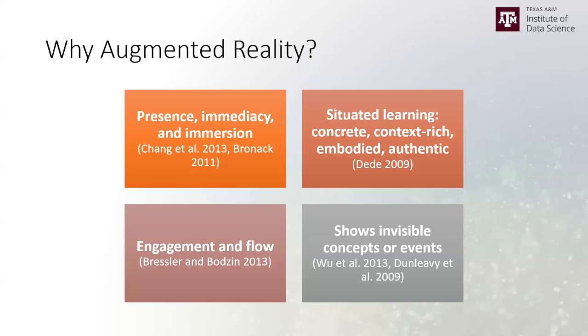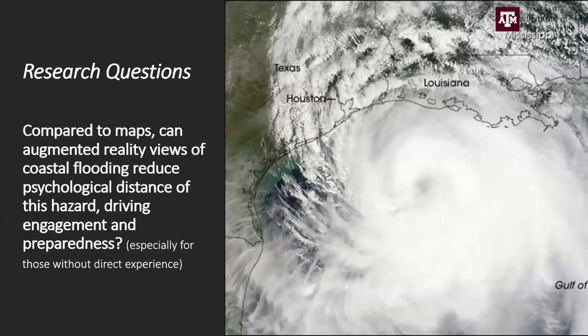Consistent with that, there's been some research suggesting that AR tools in the educational context can enhance situated learning by providing concrete, context-rich, embodied, and authentic learning experiences, and also by enhancing a sense of engagement and flow.